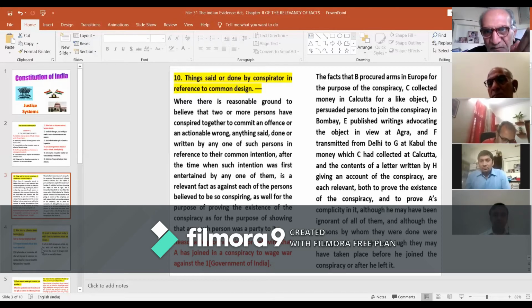Therefore, we as students of law, we as analysts, and we as advocates, when confronted with this charge of a conspiracy, this section is going to be the most relevant provision for leading an evidence, objecting to an evidence, proving an offense, disproving an offense, reaching at whether that offense stands proved beyond all reasonable doubt or not.